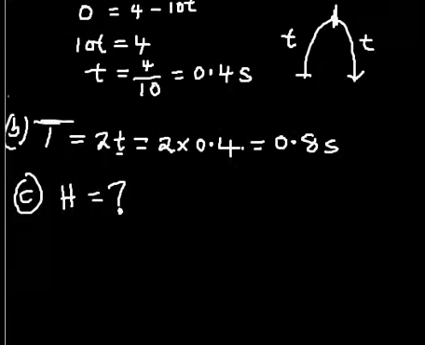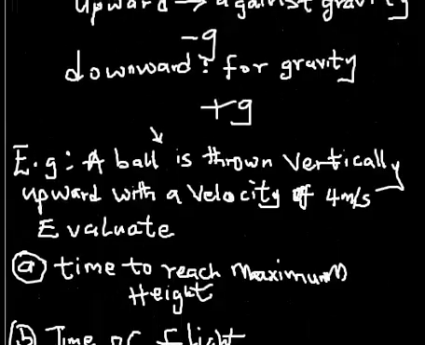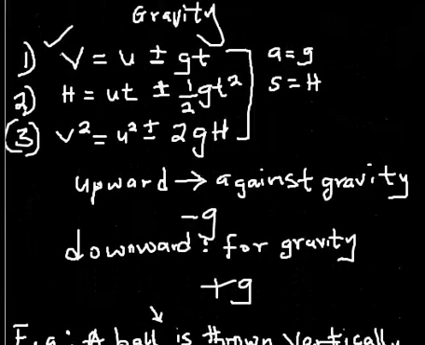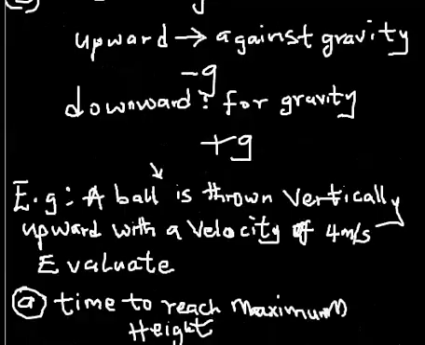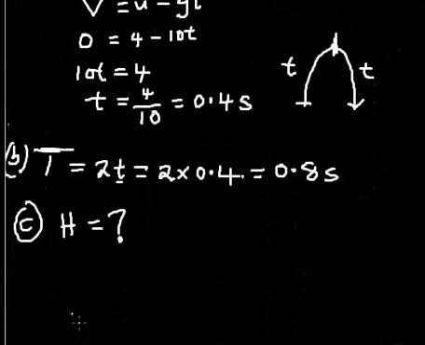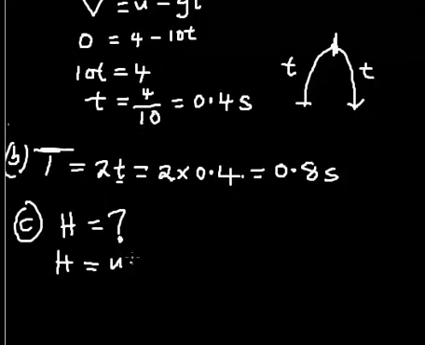Based on the prevailing parameters, since I know my u and of course I know my t, that will be the second equation. So that's going to be h equal to ut, going upward, minus half gt squared.